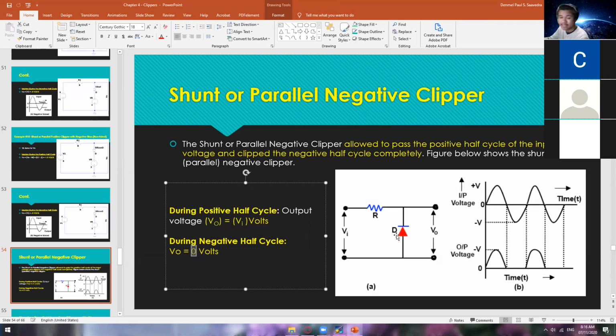But if this one is not an ideal diode, let's say this one is a germanium, then our voltage output will be negative 0.3 volts. Okay, if this is silicon, this is negative 0.7. And then if there's another voltage here, then you have to consider that one also. Okay, so this is the main concept of the shunt or parallel negative clipper.